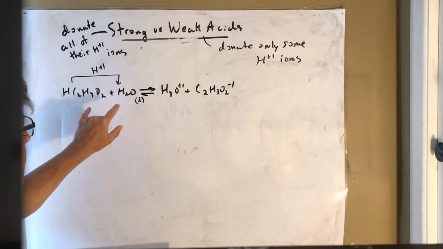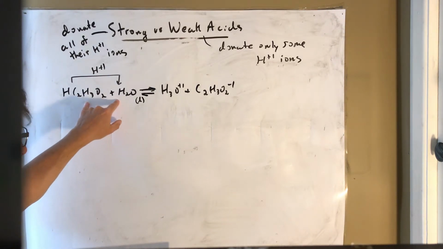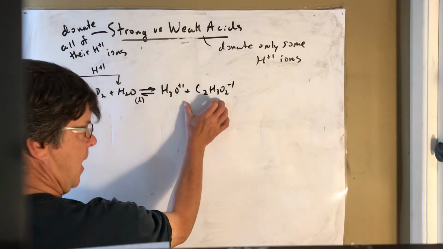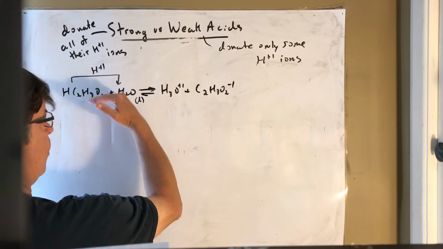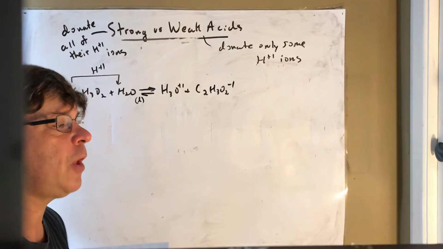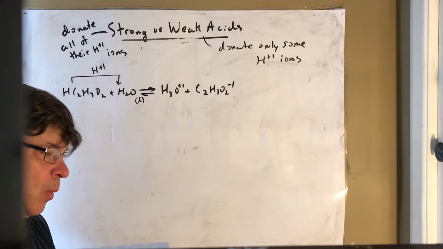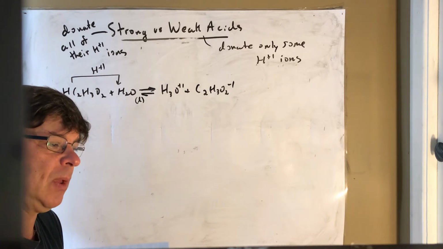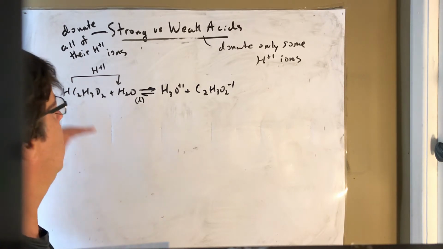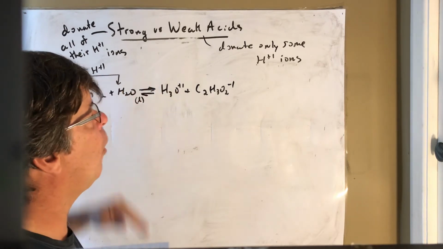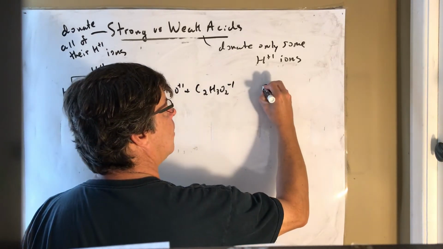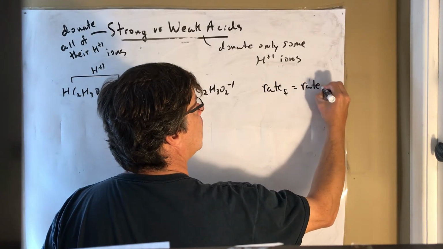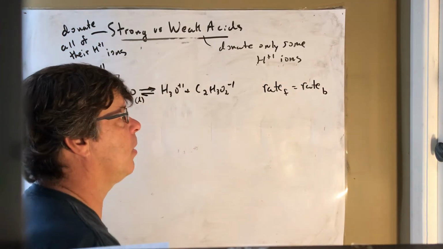At the same rate these guys are getting together to form products, these guys are hitting each other and forming reactants. We're said to be at equilibrium when the forward rate equals the backward rate.